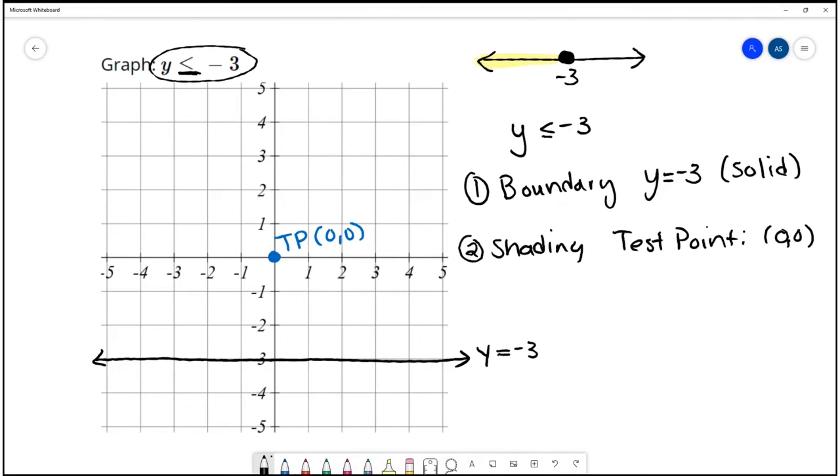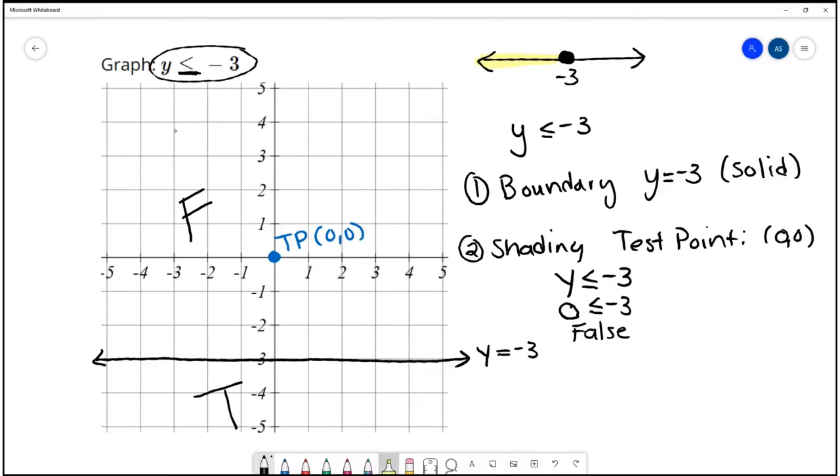We're going to substitute that test point into the inequality y is less than or equal to -3. When I substitute, 0 goes in for y, and I get the statement 0 is less than or equal to -3. That statement is false. So when that statement comes out false, that tells me that this whole side is false, and the other side is true.